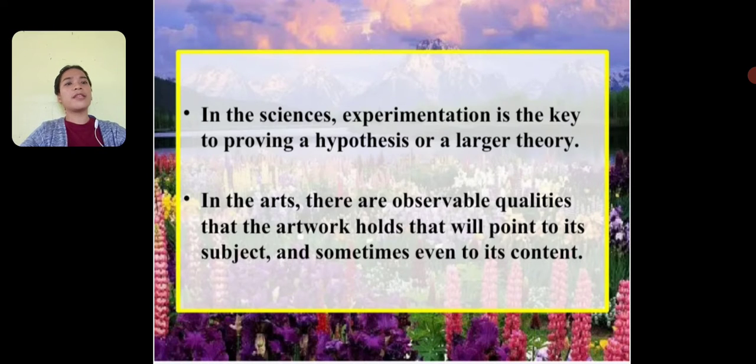In science, experimentation is the key to proving a hypothesis or a larger theory. In the arts, there are observable qualities that the artwork holds that will point to its subject and sometimes even to its content.